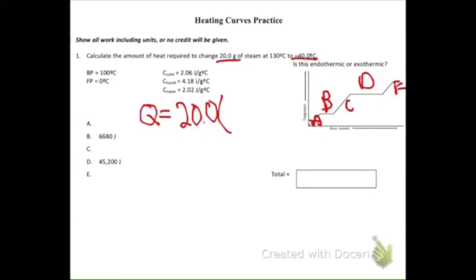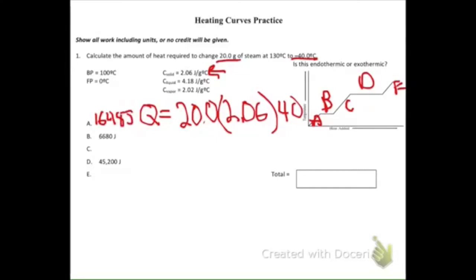Because I've got 3 C values, and it's solid, we're using the 2.06 as the C. So 20 times 2.06 times the 40 degrees.